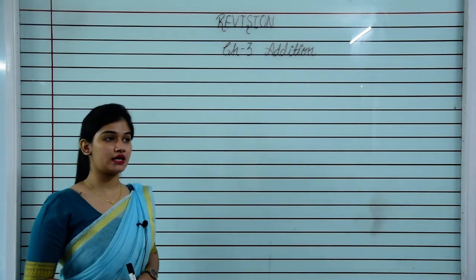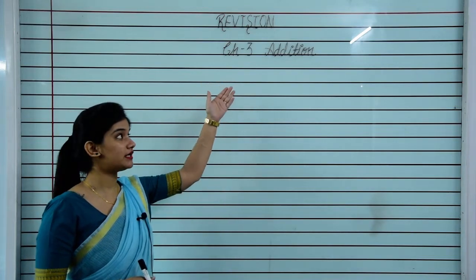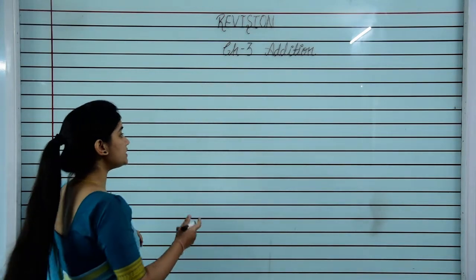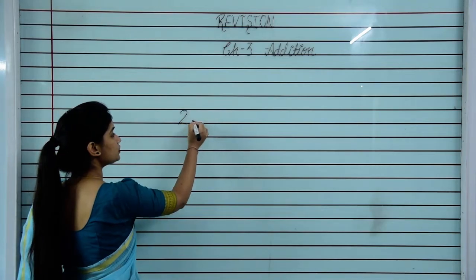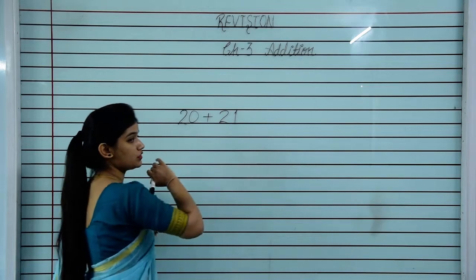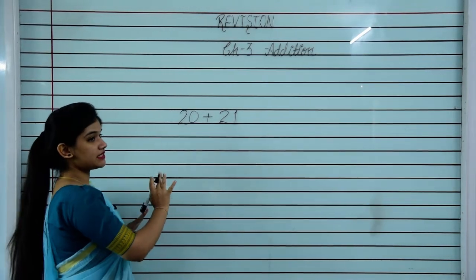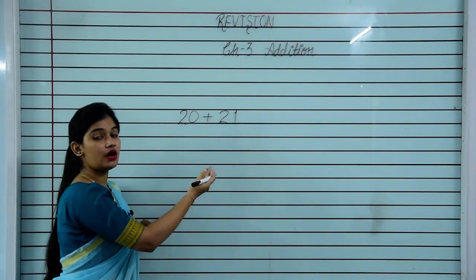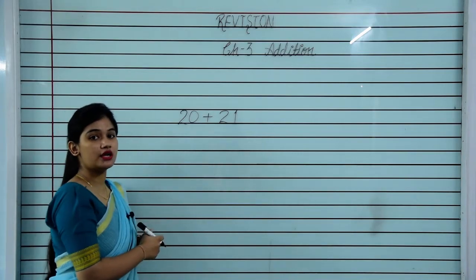Students, today we are starting revision of chapter 3, that is addition. Students, we take two numbers like 20 and the next number is 21. So students, here we see how we get the sum of these two numbers.